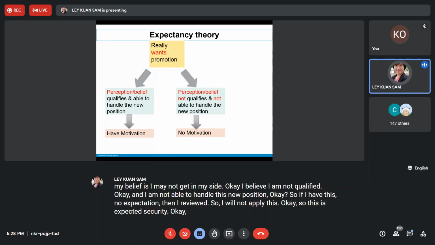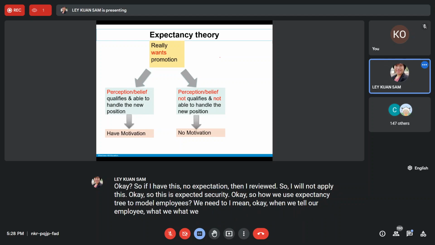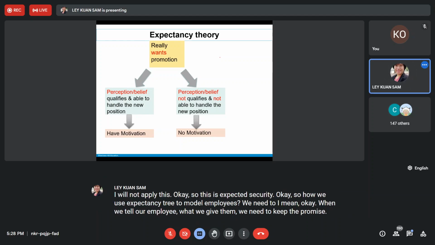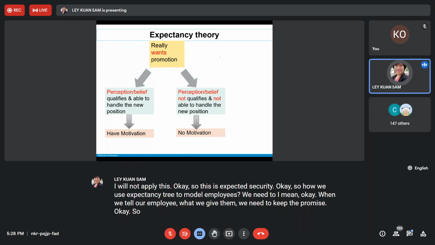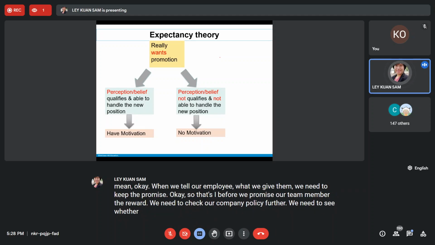So how do we use expectancy theory to motivate employees? When we tell our employee what reward we give them, we need to keep the promise. So before we promise our team member the reward, we need to check our company policy first. We need to see whether our company allows us to pay like that or not.